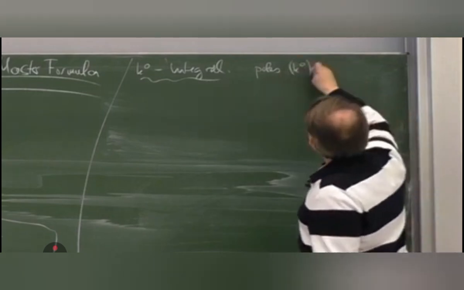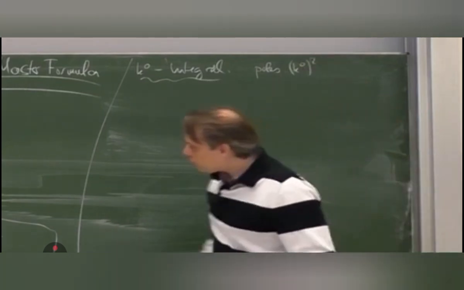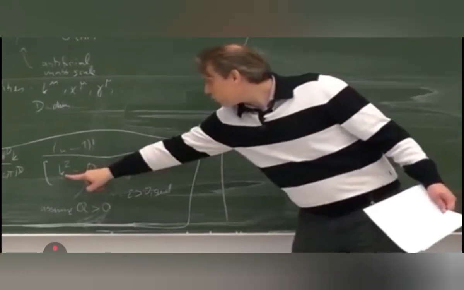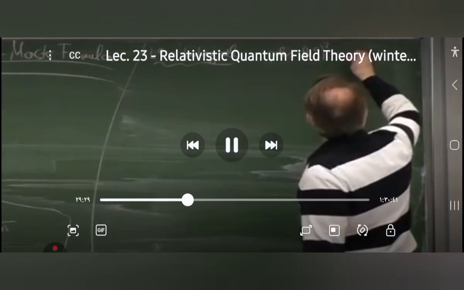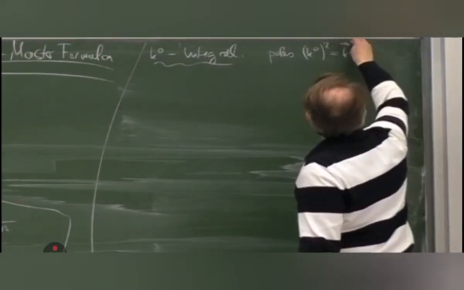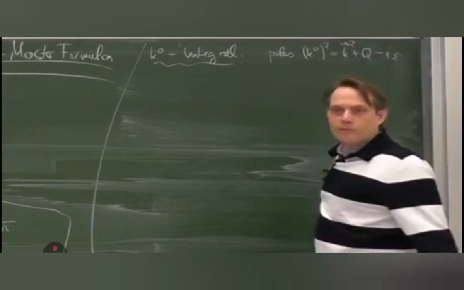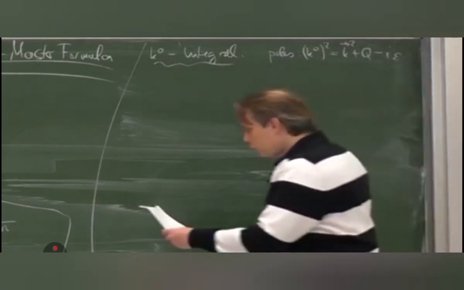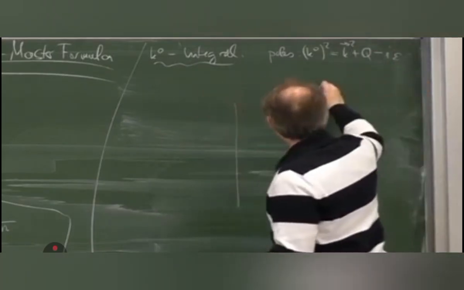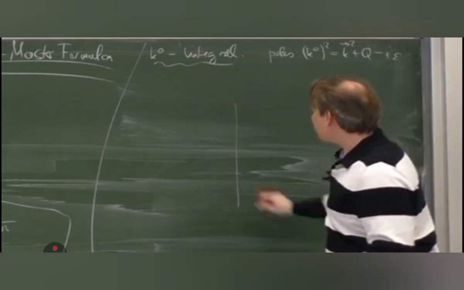And the poles are obvious because you have here K0 square minus K vector square minus Q. So the poles are at K0 square equal to K vector square plus Q minus I epsilon. So let's draw the complex plane. Here is the complex K0 plane.